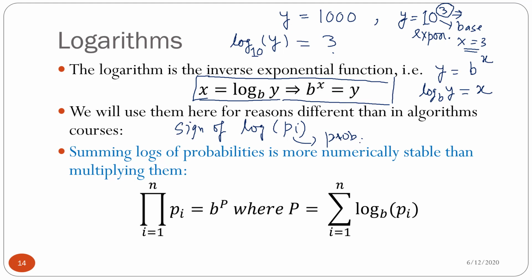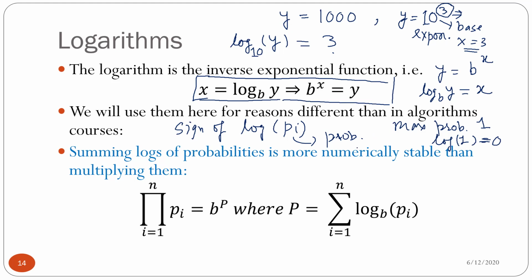The maximum value a probability can take is 1, and the log of 1 is 0. Any value less than 1, maybe even 0.9, will have a negative log, so the log of a probability value is mostly negative. That's an interesting thing.